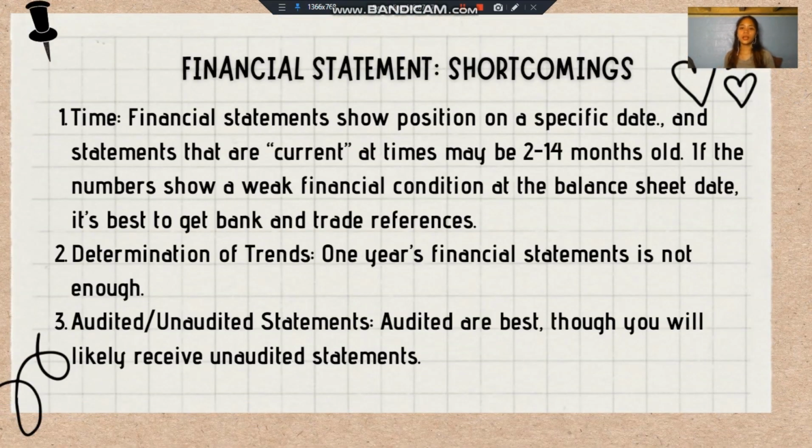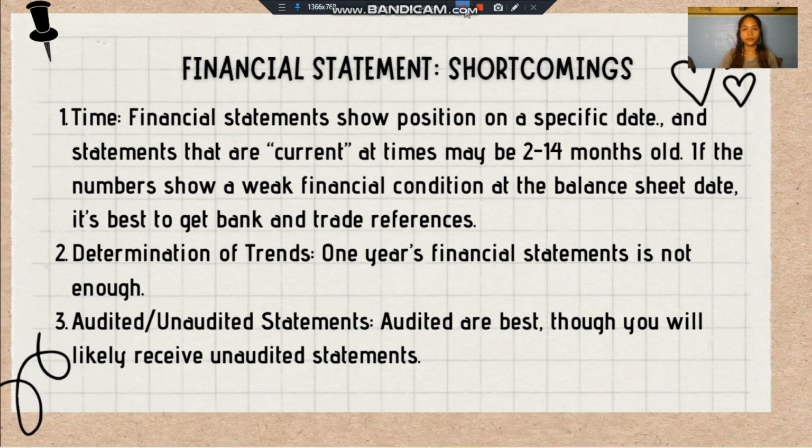And then financial statement shortcomings. First is the time. The financial statements show position at a specific date, and the statements that are current at times may be 2 to 14 months old. If the numbers show a weak financial condition at the balance sheet date, it's best to get bank and trade references.